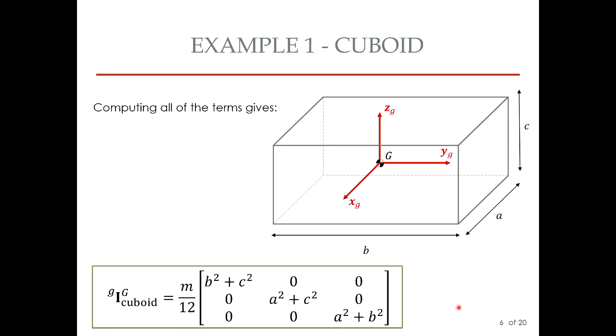Given any cuboid, you can use this result. Just make sure you understand the directions. So for instance, if you need the xx component, then you would need the b and c dimensions, which are normal to where x is pointing. So if you're given another cuboid with other dimensions, be careful how you interpret this result onto your cuboid with your dimensions.